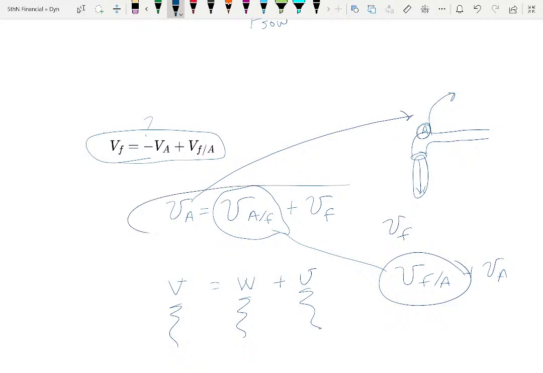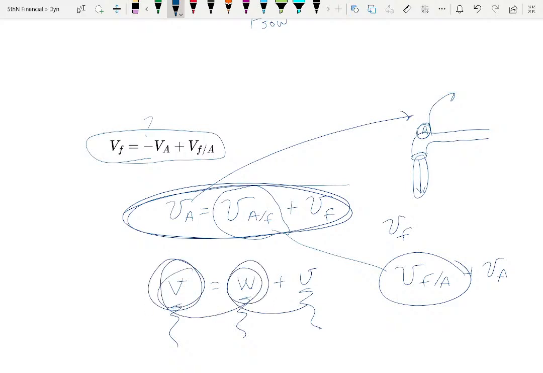And so these subscripts are very descriptive and have an understanding. You don't have to think about what's V, what was W, what was U.